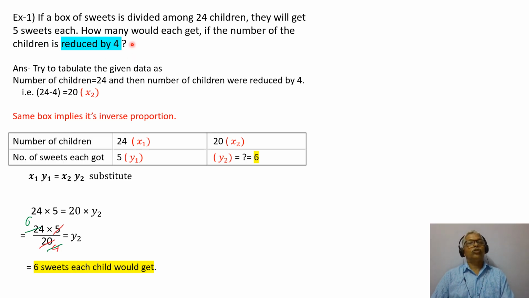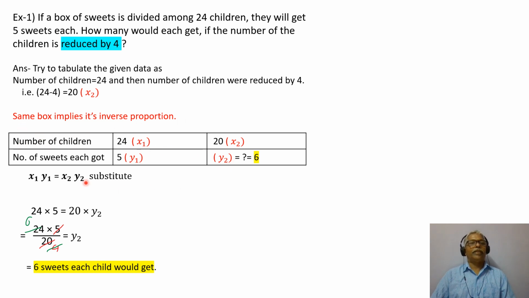So you should read it very, very carefully and try to understand the meaning behind it. So we were here, same box, same box. That means something is constant in this part and the other part, unlike in direct proportion. So this shows that this is an inverse proportion problem.